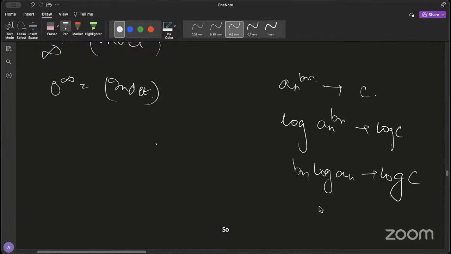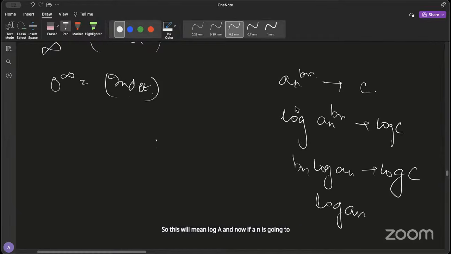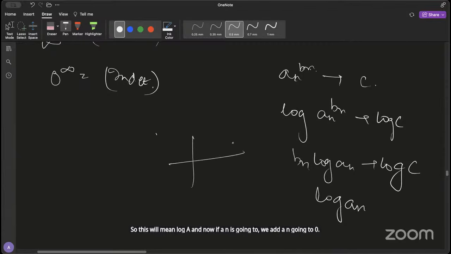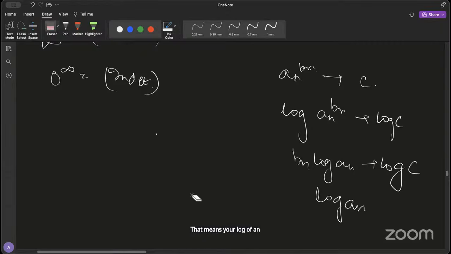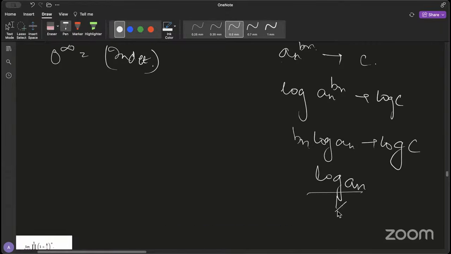Now, if an is going to 0, that means your log of an is going to minus infinity, right? I can write this as bn into log of an as log of an by 1 by bn, right? This goes to log c.